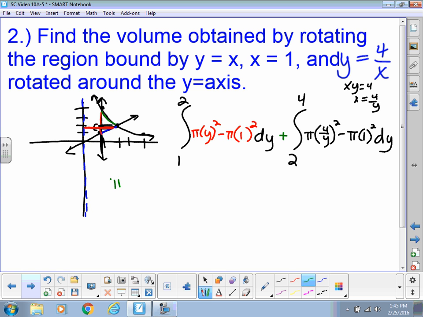So we will have pi, integral from 1 to 2 of y squared minus 1 dy, plus integral from 2 to 4. Oops, I guess we should throw the pi out front. We're going to write this as 16y to the negative 2, because it's really 16 over y squared, minus 1 dy.